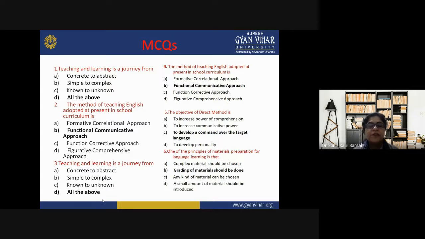One of the principles of materials preparation for language learning is that complex materials should be chosen, grading of materials should be done, any kind of materials can be chosen, or a small amount of material should be introduced. The correct answer is grading of materials should be done.